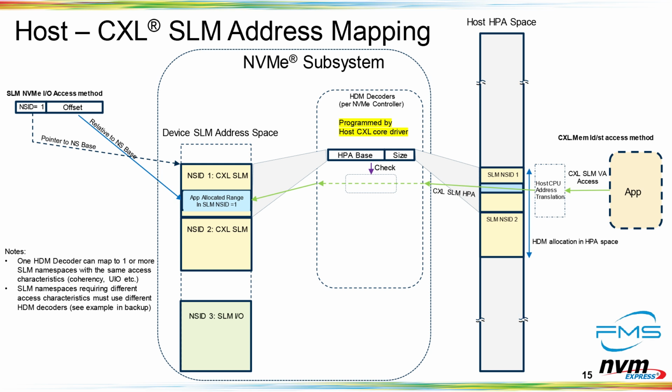That then goes to the HDM decoder. The HDM decoder has individual decodings for each SLM namespace that has a host physical address base and a size. That then maps into the host physical address space.